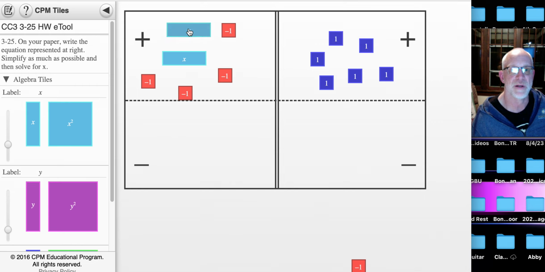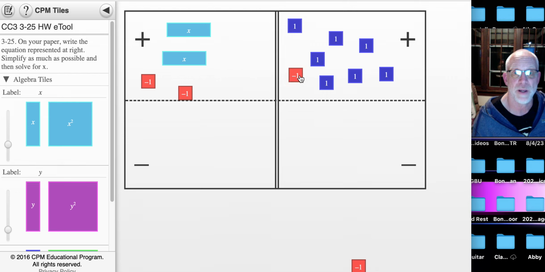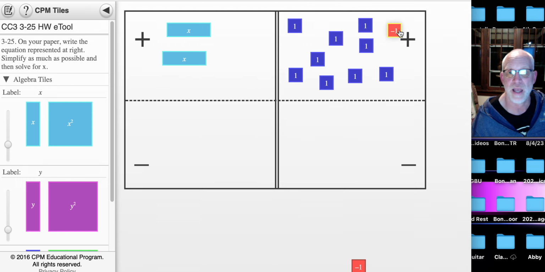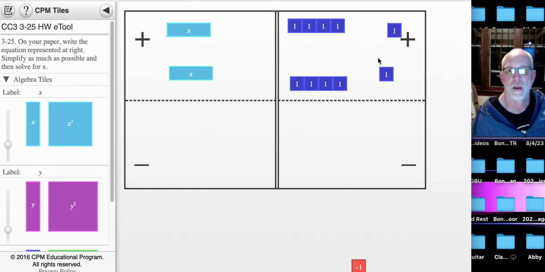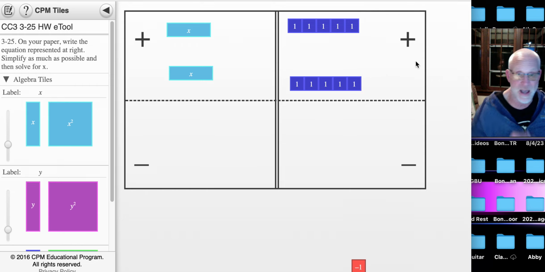And remember, when we want to solve for x, we want to get the x's on one side, units on the other. So right now we'll bring these over, and when they cross, they turn positive. So right now we have 2 x's equals 1, 2, 3, 4, 5, 6, 7, 8, 9, 10 positives, which means if we break these up into 2 groups, if 2x's equals 10, 1x has to equal 5 positives.